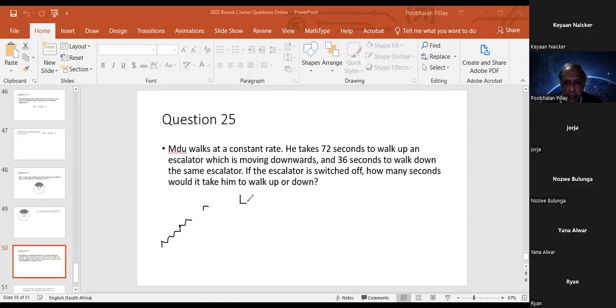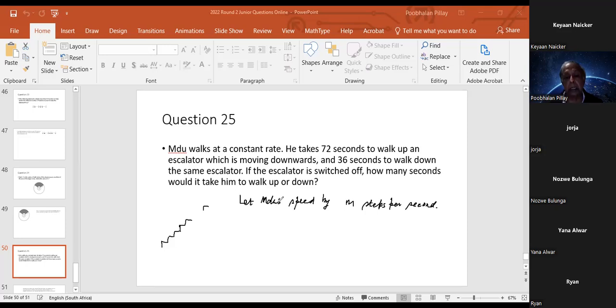So we'll let his speed be, say m, again it's a counting number. So I put m steps per second. So in 1 second, it covers m steps.